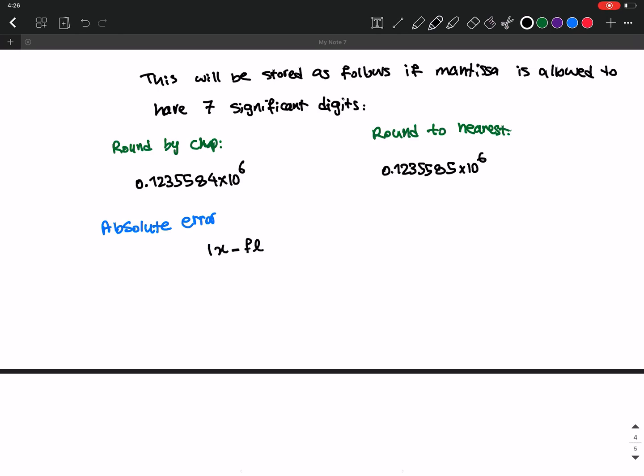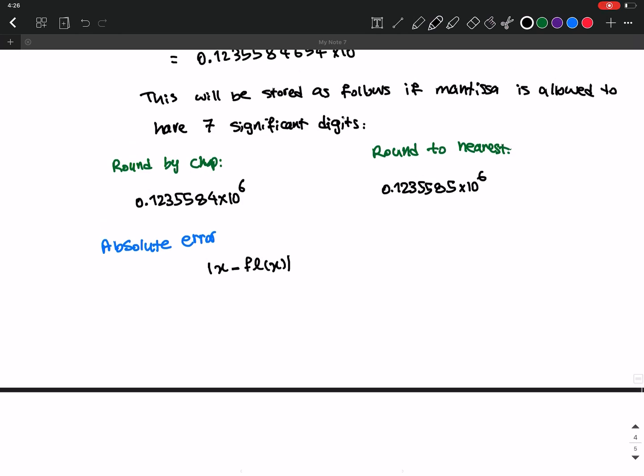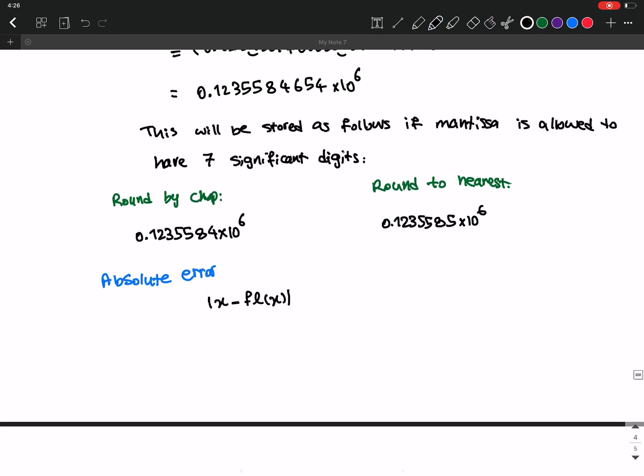Floating means the floating representation of x, the number. This is going to be the absolute error of that. So here is going to be what?